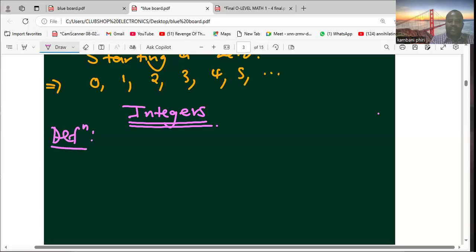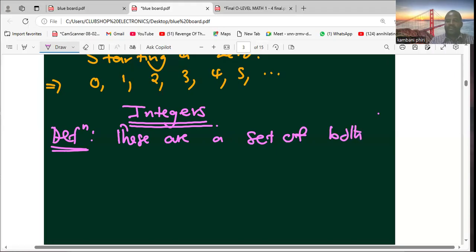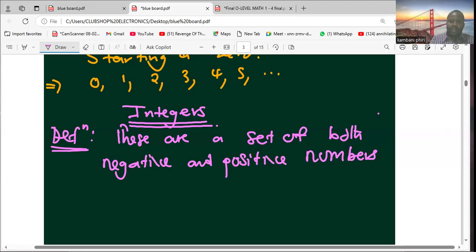By definition, integers are a set of both negative and positive numbers or natural numbers, including a 0. It is a set.